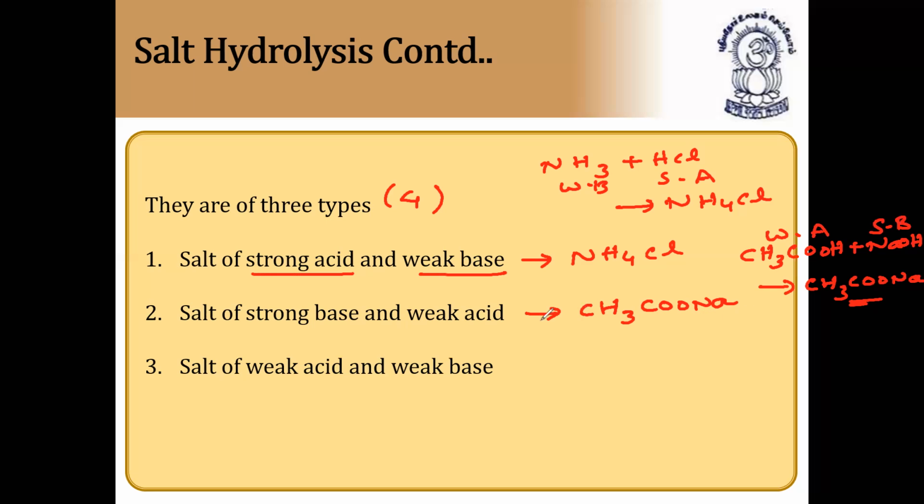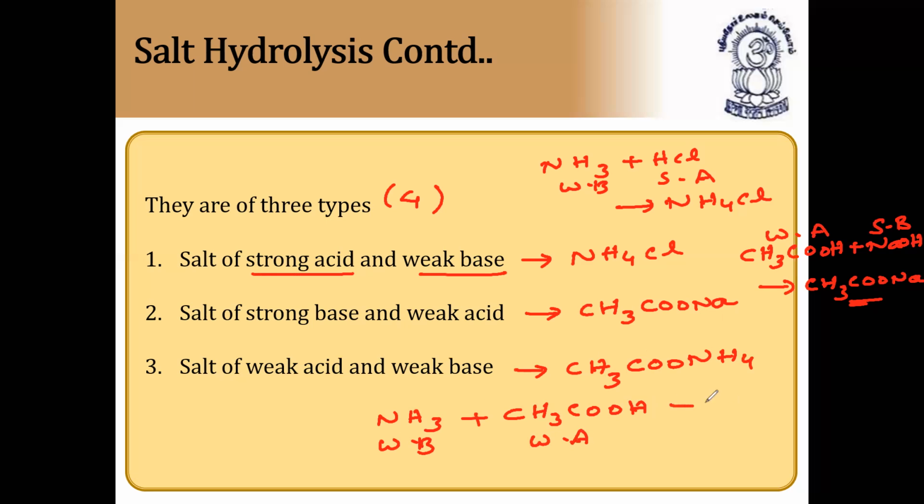Please listen carefully. The third is the salt of weak acid and weak base, ammonium acetate, that is CH3COONH4. How does this form? When ammonia, a weak base, combines with acetic acid, a weak acid, it forms ammonium acetate.